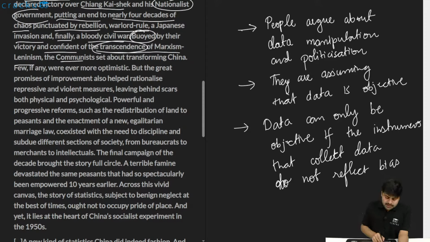The communists set about transforming China, with their victory, their confidence, and their philosophy.